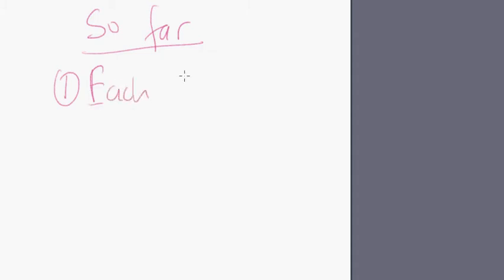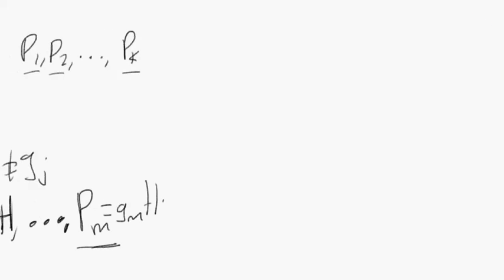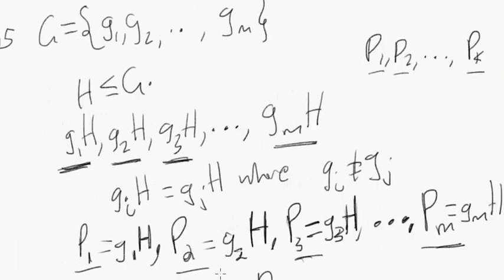So far we've concluded the following: each GI element of G is in some partition. Now all we need to do is to check the other two conditions.